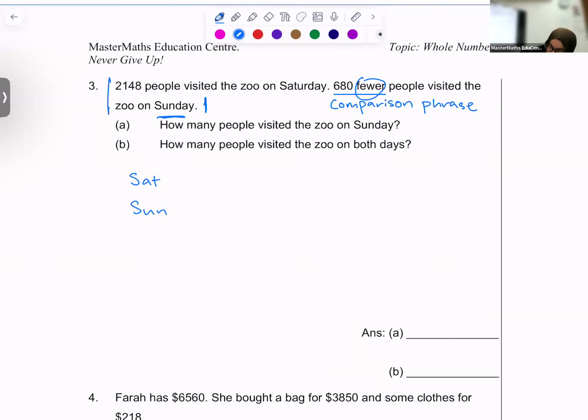Saturday, we have more people, so we can draw a longer rectangle. Please make sure you draw using a ruler. And then Sunday, we have fewer people. Everyone use a ruler.